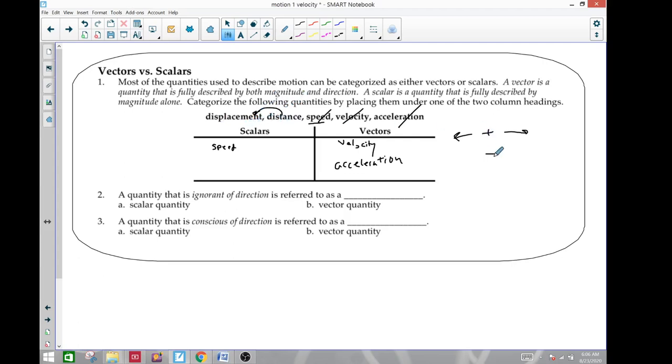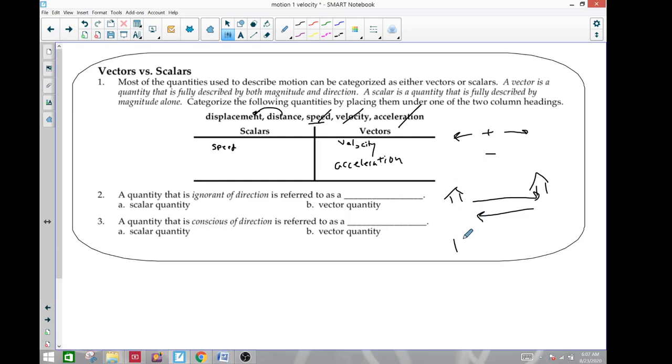If you were to go down to your friend's house and you came back home, what's your displacement? Your displacement is 0. What's the distance you've traveled? You traveled a lot of distance, but the displacement is nothing.